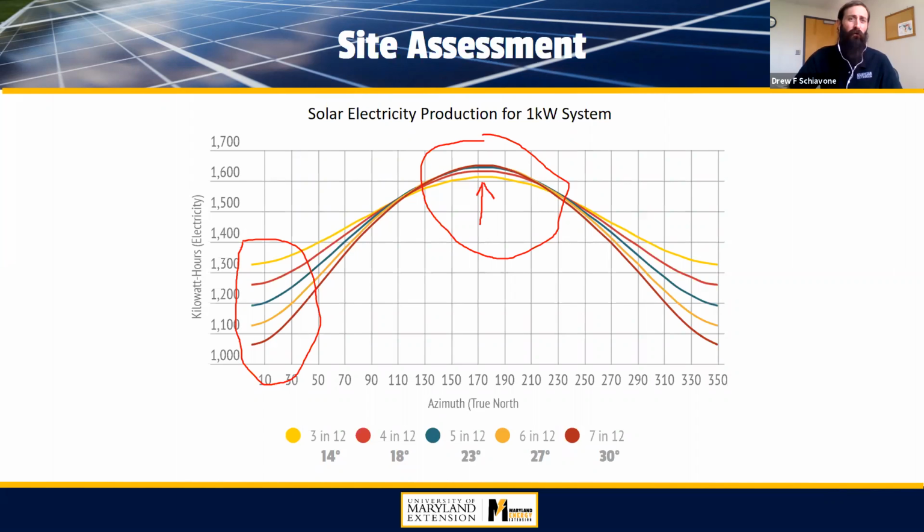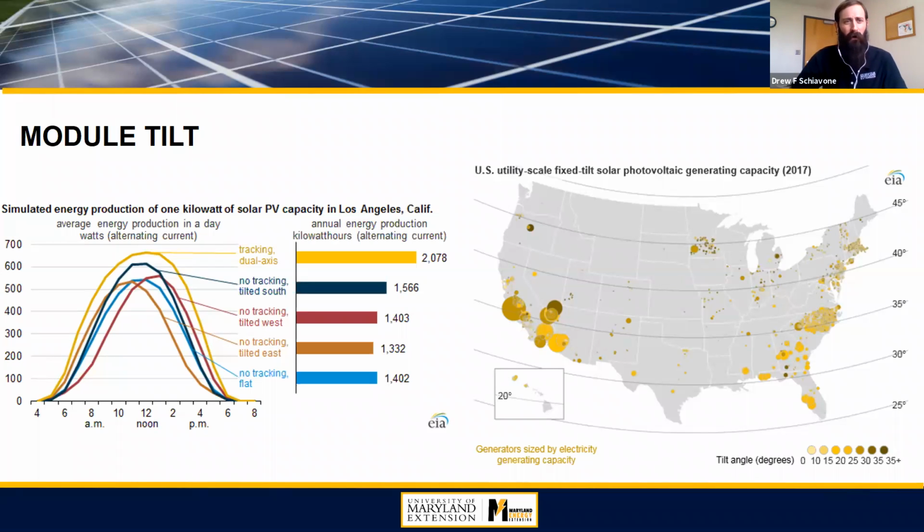If your roof is not an exact 39 degrees in Maryland, you might go down to 30 and be just fine. You might not see that big of an impact. And we'll talk about some ways we can actually model that. Tilt is important. What I wanted to highlight here is the dual axis tracking.